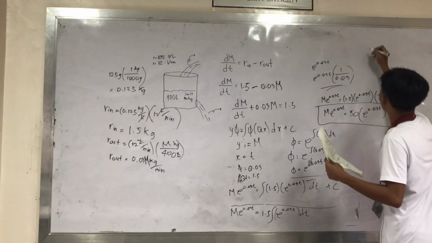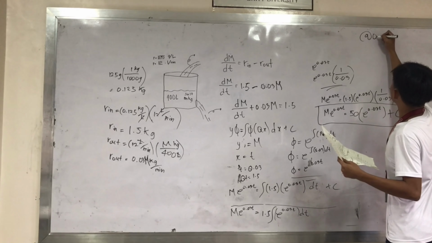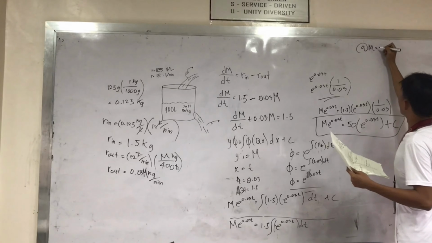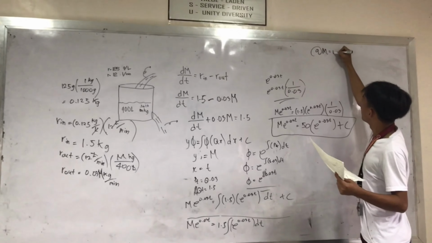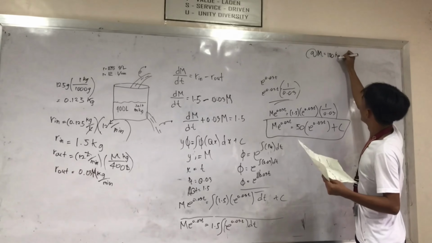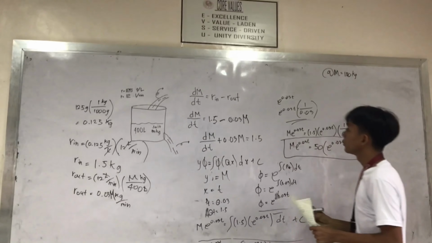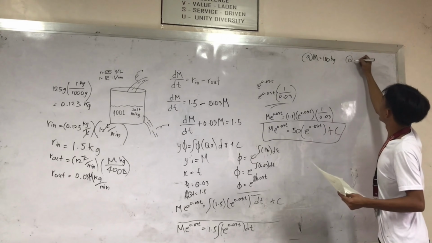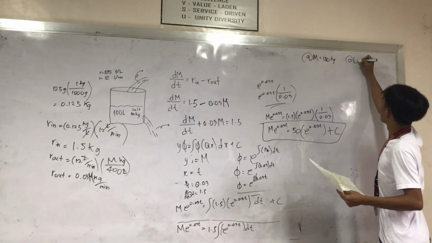So, M is equals to 100 kg, because the tank is already filled with 100 kg of salt at time 0.